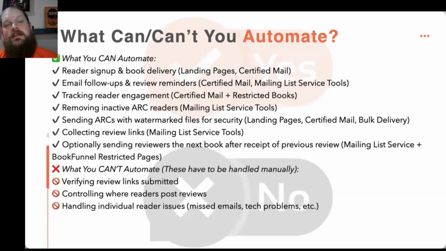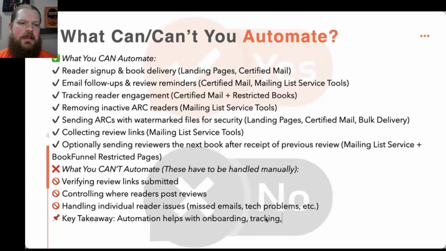We can include some of that information somewhere, but ultimately, if that reader reaches out to you, you're going to have to reply and say, this is what's going on, or hey, you missed this email. You're going to have to do some aspects of that manually. Having a robust email automation can help reduce that, though.